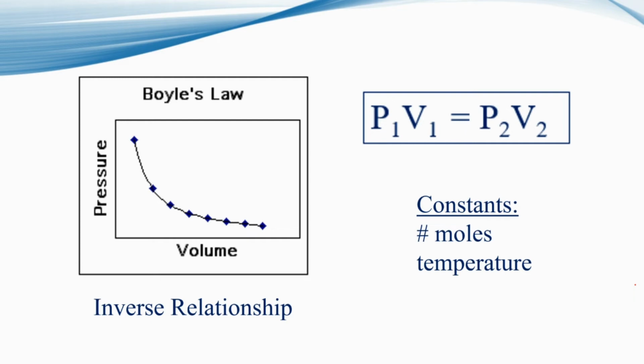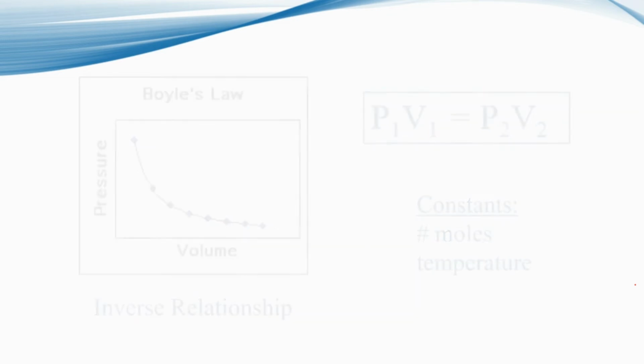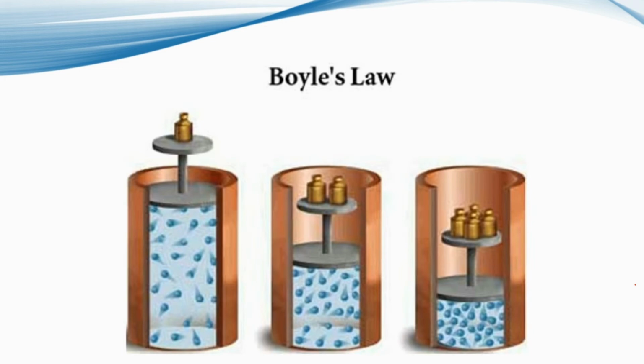So here we are assuming under Boyle's law that we did not add or remove any particles and that their average kinetic energy remains the same. So they're not moving faster, they're not moving slower, they're moving with the same amount of kinetic energy. An example of that would be what we have here. Let's say that, again, we have the same number of moles, so the same number of particles with the same amount of energy each.